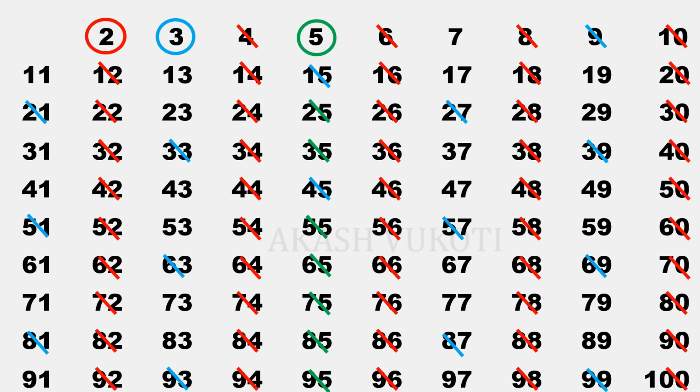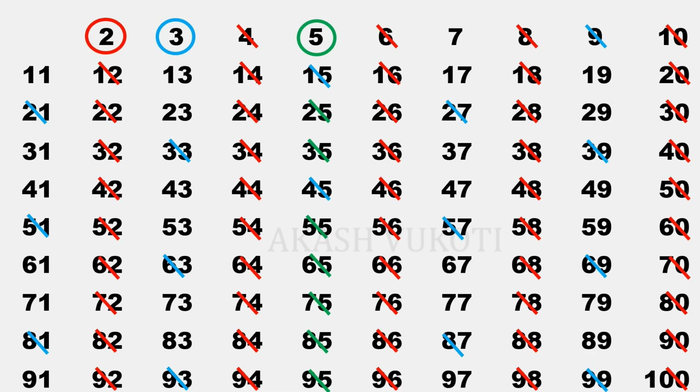And as you can see, a lot of those have already been crossed out from when we did 2. But that's no worry, because as they have already been crossed out, we can just cross out the ones that are unique, and now we are almost there. And now all we have to do is take a look at the next number that we have not crossed out yet, which in this case is 7.